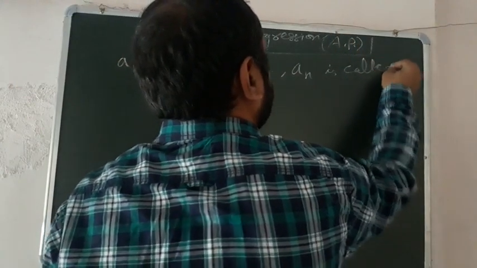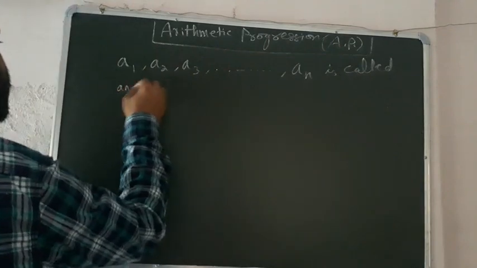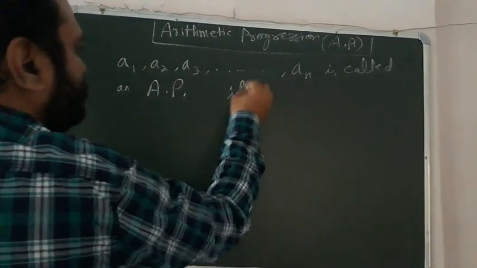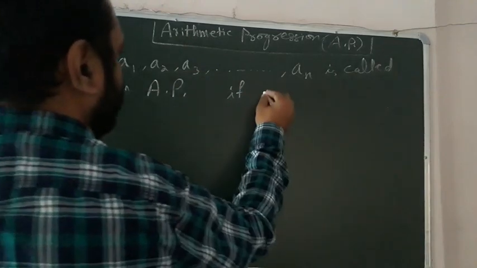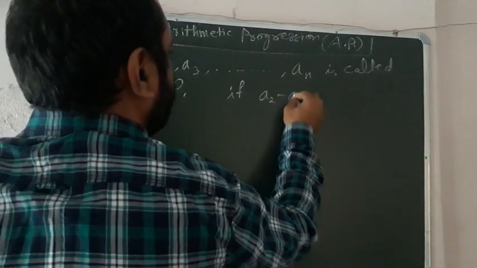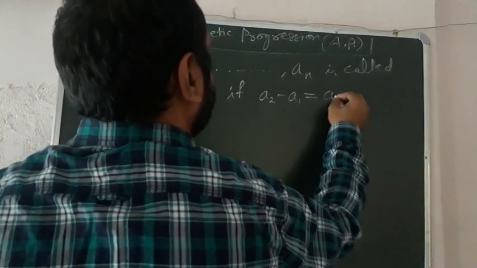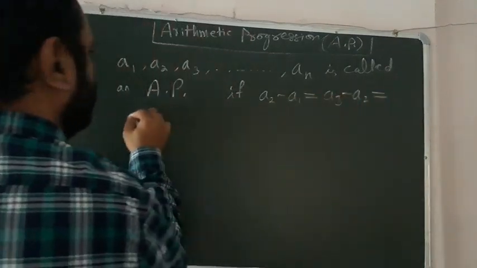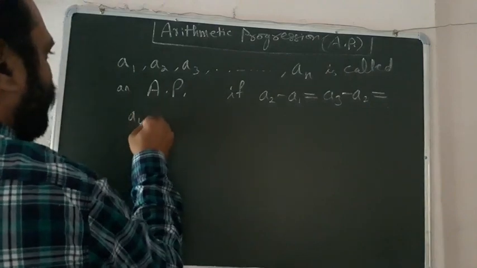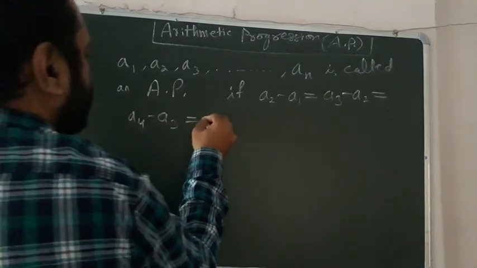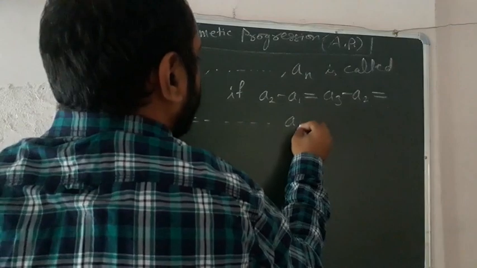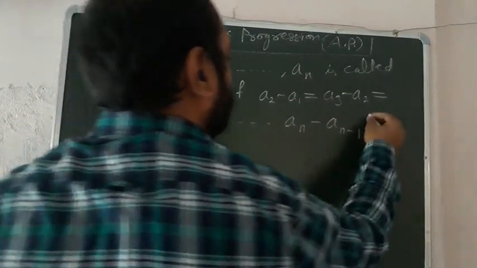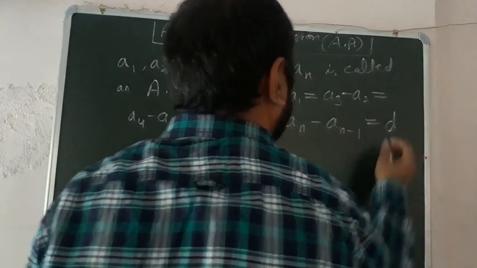is called an AP if a2 minus a1 is equal to a3 minus a2 is equal to a4 minus a3 is equal to so on, an minus a(n-1), and that is equal to d itself.